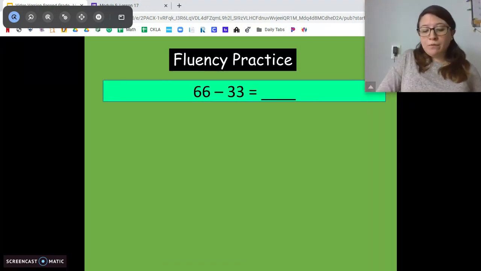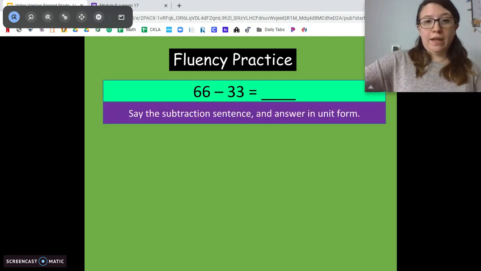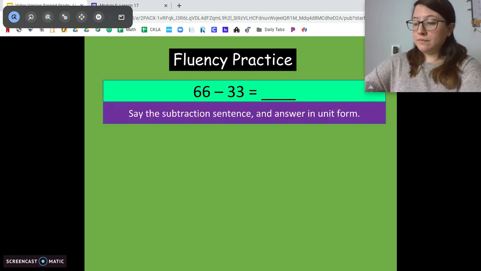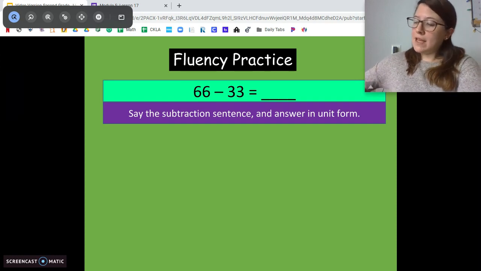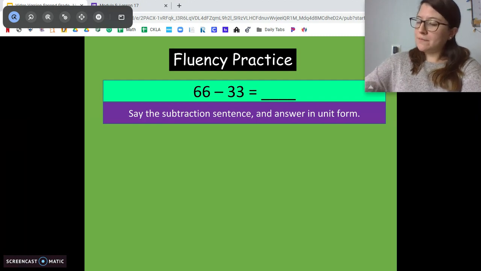All right, try this one. I would love for you to say this number sentence in unit form for me. Tell me the number of tens, number of ones, minus number of tens, minus number of ones.